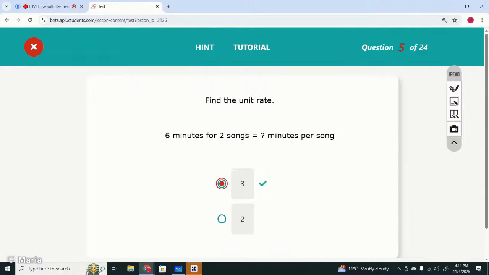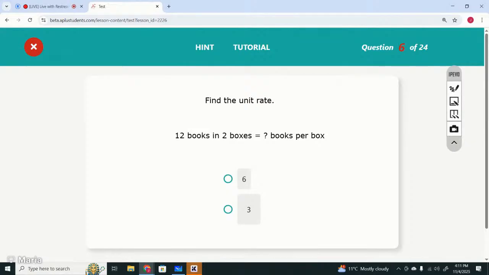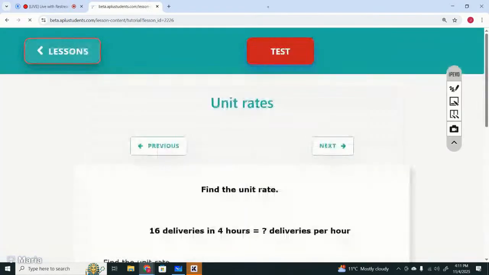Option number 1 is the correct option. That is 6 books per box. Okay, you can complete the lesson by yourself later today.